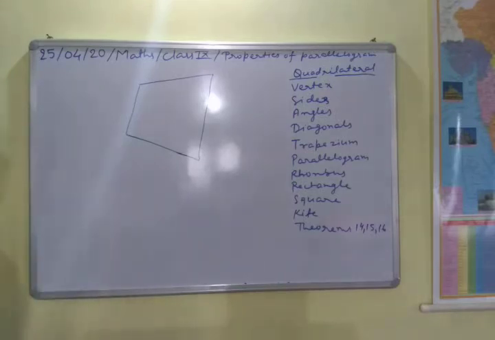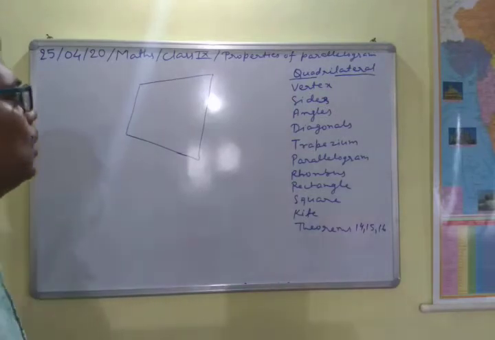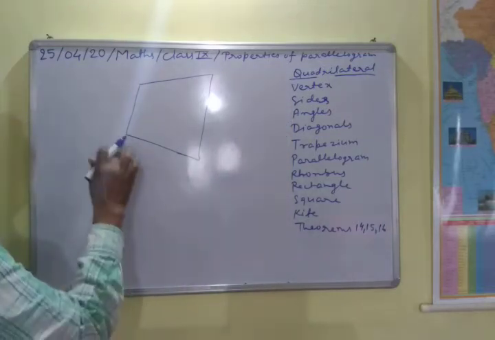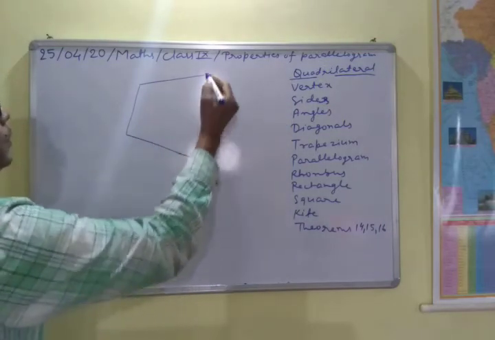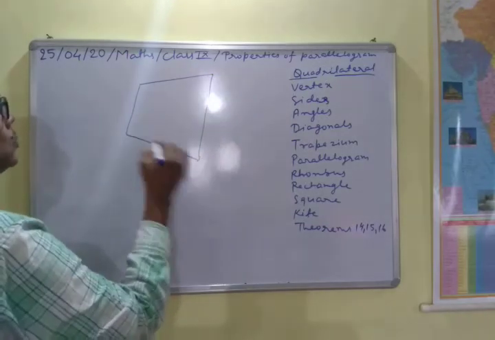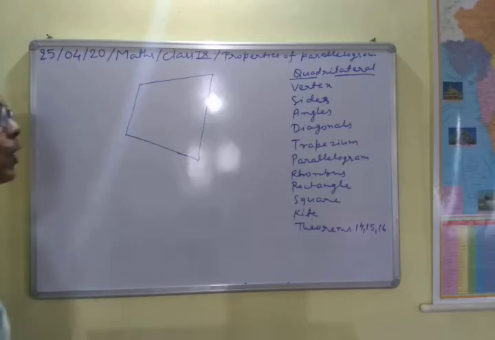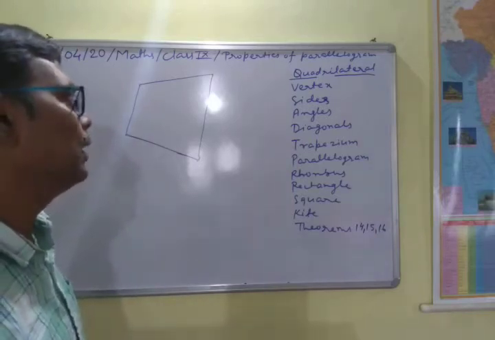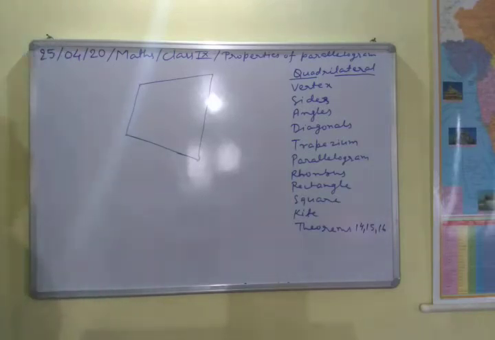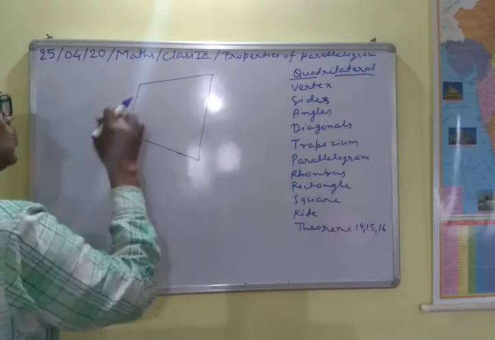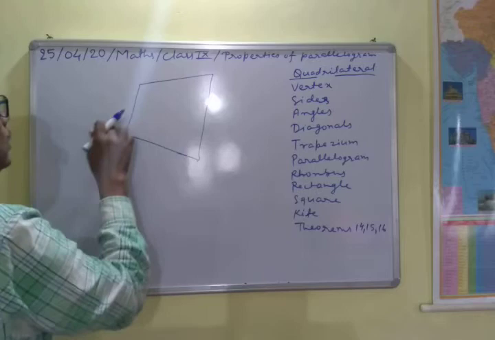So this is a quadrilateral, and in this quadrilateral now we will know what is the meaning of vertex. Vertex means, see that in this quadrilateral we have these corners here. These corners are called vertices, vertex for singular and vertices for plural. Here these are the sides, this side, this side. See that this side and this side are meeting at this point.